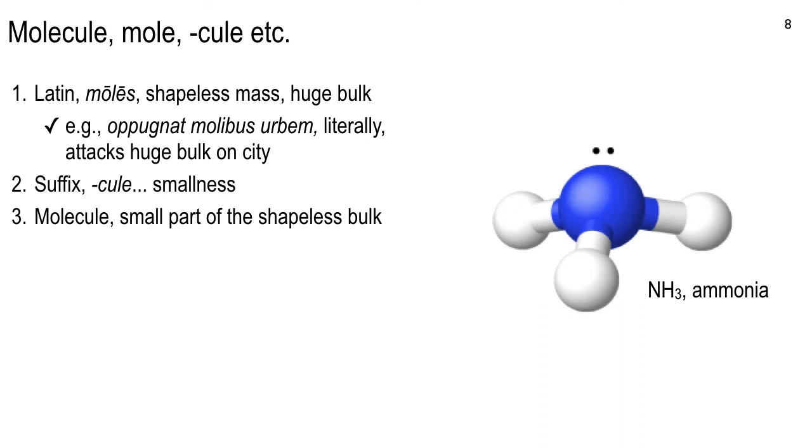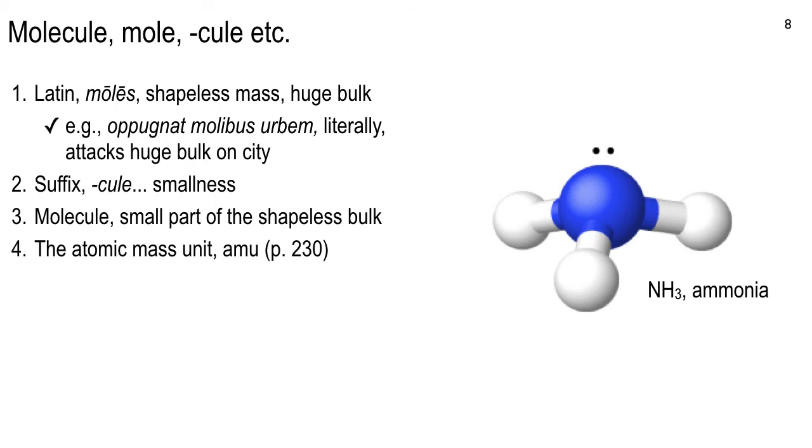And the two little dots up there are actually non-bonding electrons that are repelled over to the top end of the ammonia molecule by the bonding process. And we'll talk a little bit more about that in a few minutes. Anyway, that's an example of a molecule.